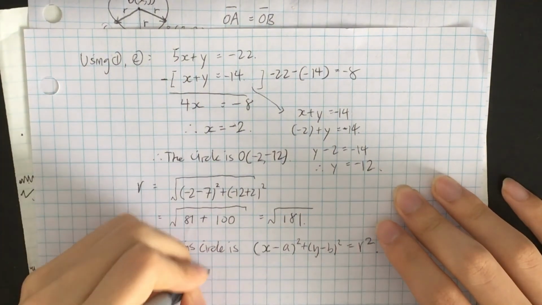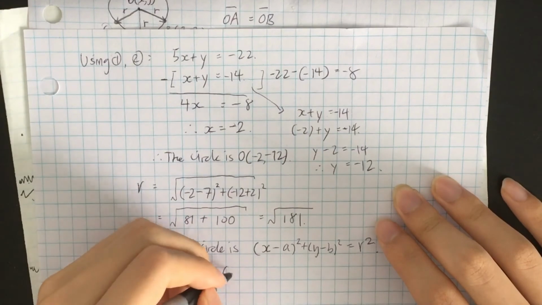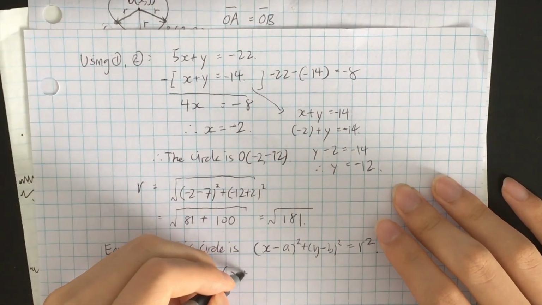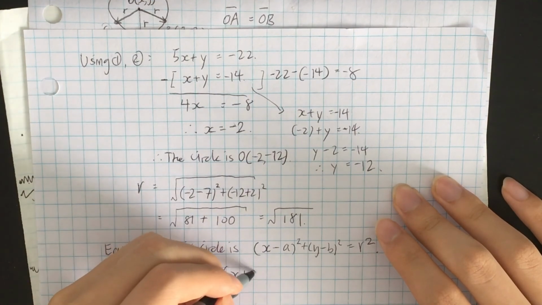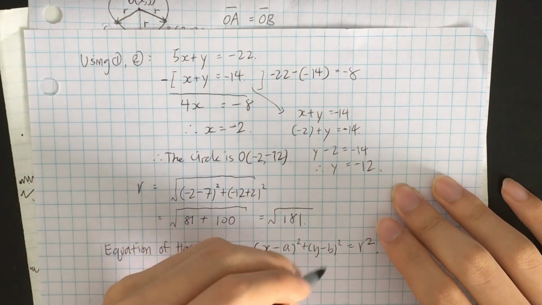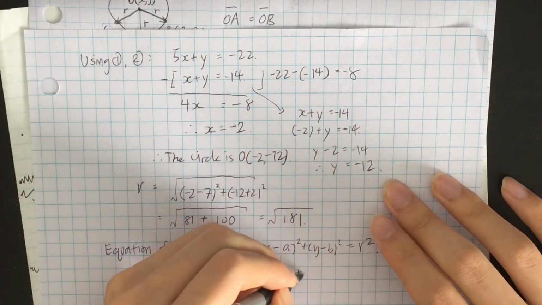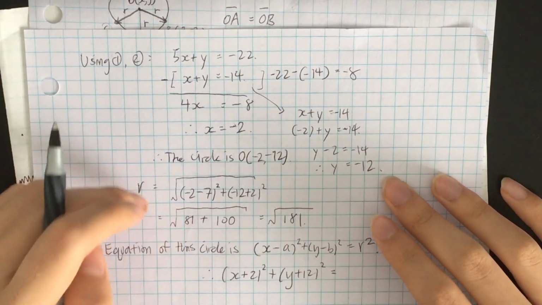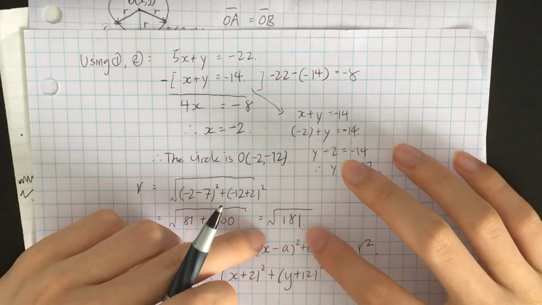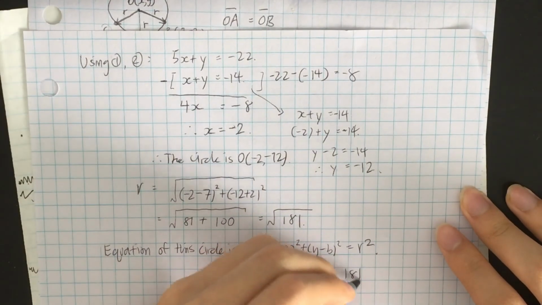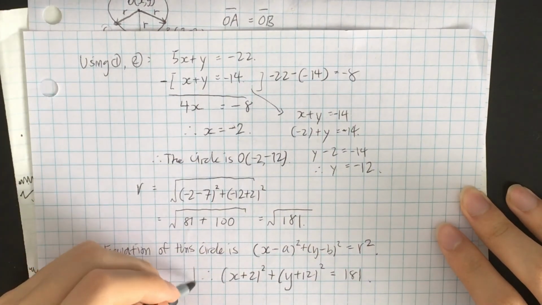So x minus A, and A is just negative 2, which is plus 2, plus y minus 12, which is just going to be plus 12, squared, is equal to r squared. The radius is the square root of 181, so r squared is just 181. And we are done.